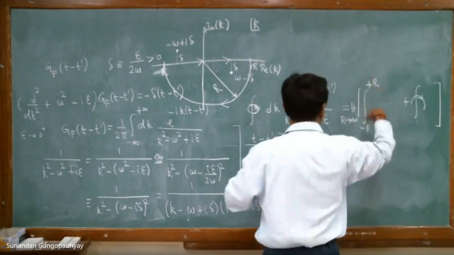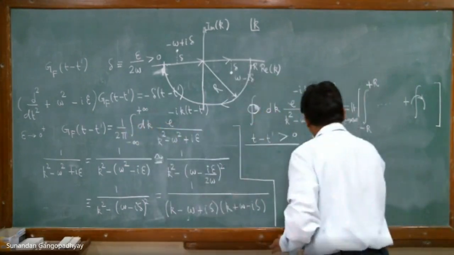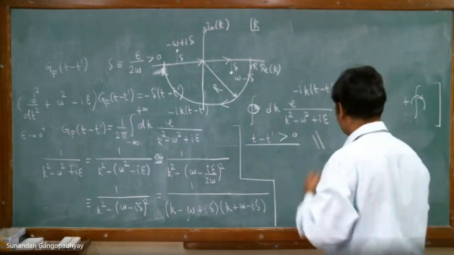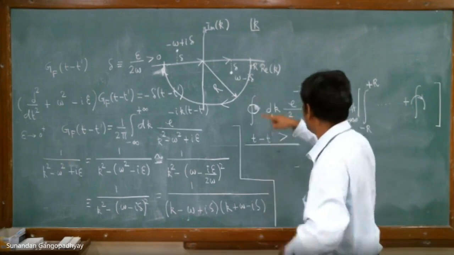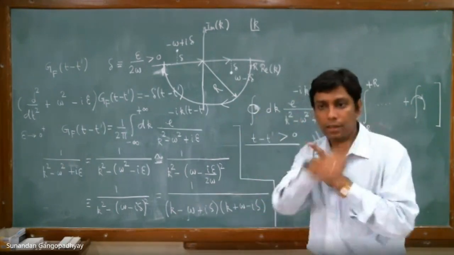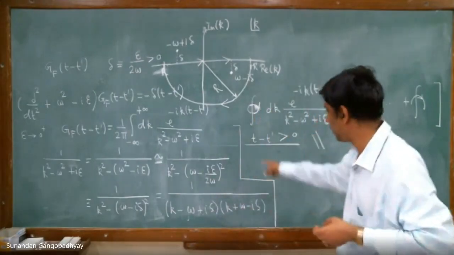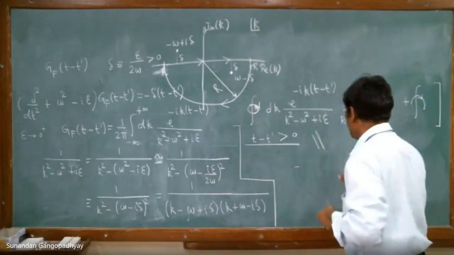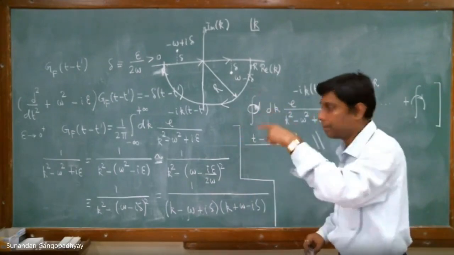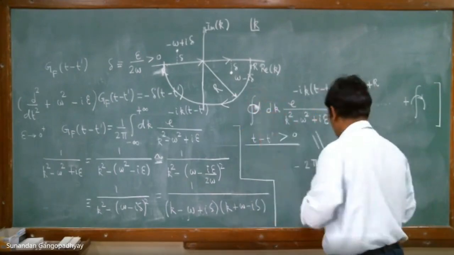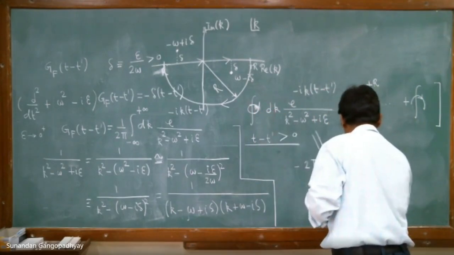Therefore, this integral that you have now is equal to this contour integral, but this contour integral, we know that since this has been closed like this, in the clockwise direction, for t minus t prime greater than 0, due to this clockwise orientation, we will get a minus 2 pi i sum over residues.